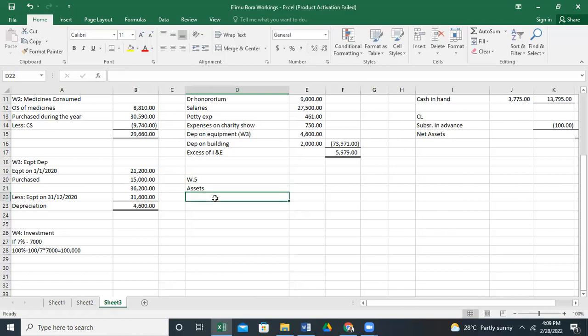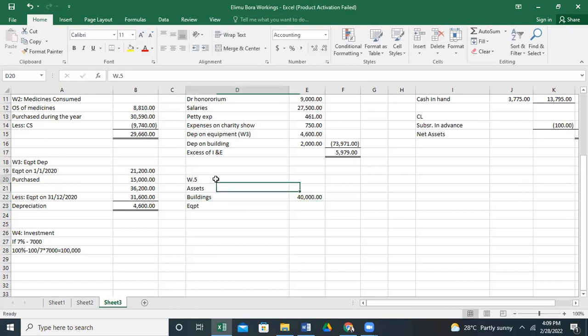So I have buildings, the initial value of 40,000. This is what the owners, of course, we know that assets is what the owners will inject into the business. They had buildings, they had also invested in equipment.